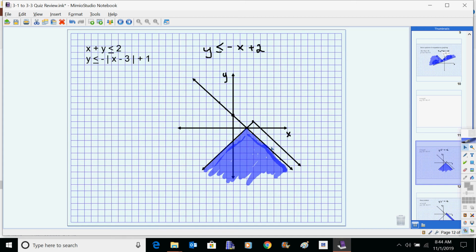A lot of times people will assume it's the smallest little region, but not always, so please be careful where you look. And you could always pick a test point if you wanted, just to make sure that it worked. So for example, I could pick (2, -3) here, and do 2 plus -3, which would be -1, which is less than 2.